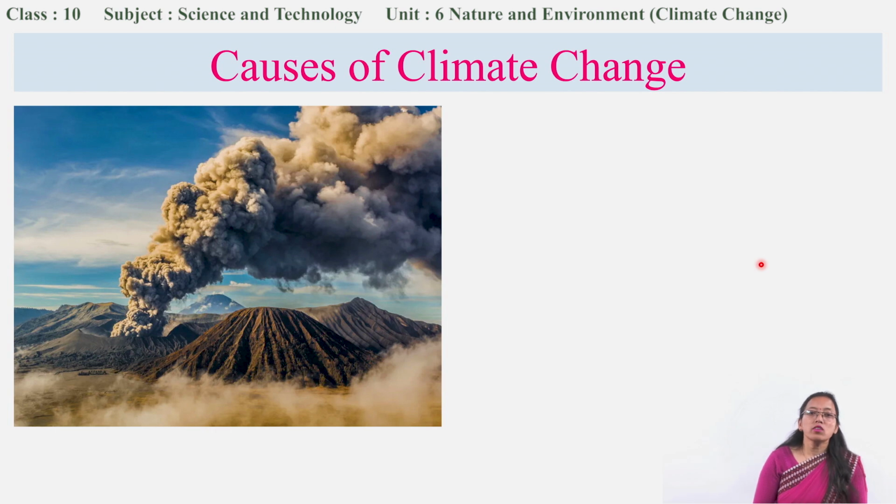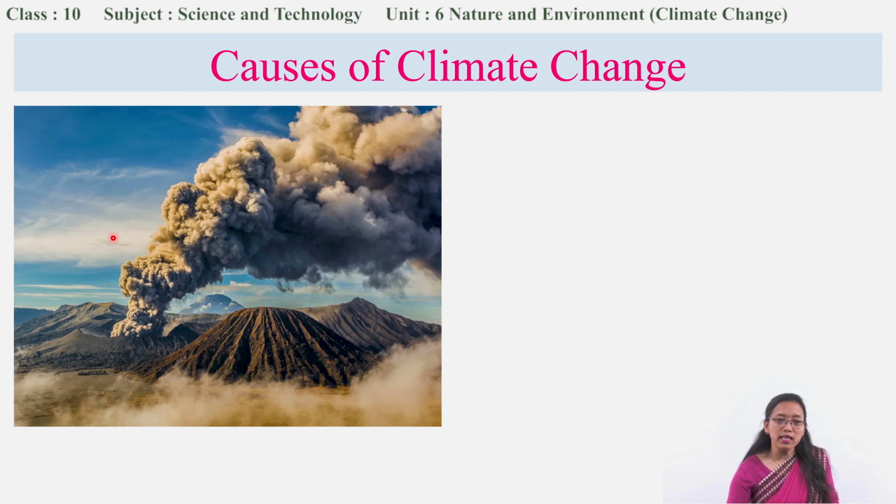What are the causes of climate change? Now, the causes mean what caused the climate change? In this picture we can see, what is this? Yes, it is a volcanic eruption.